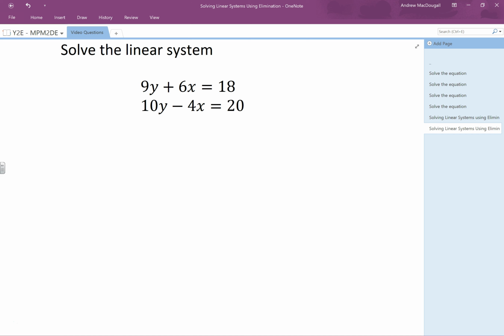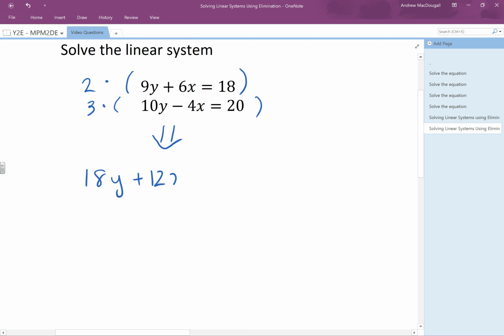Now I note that if I multiply equation 1 by 2, that's a times symbol, not an x, so maybe I'll write a dot, and I multiply equation 2 by 3, my linear system becomes 18y plus 12x equals 36, and 30y minus 12x equals 60.